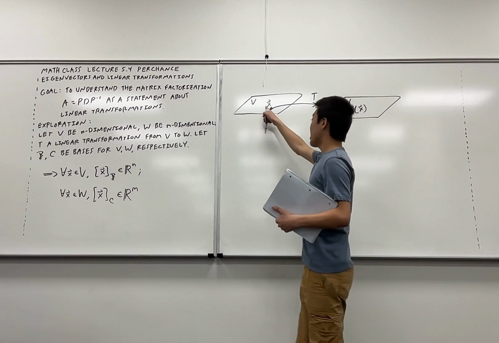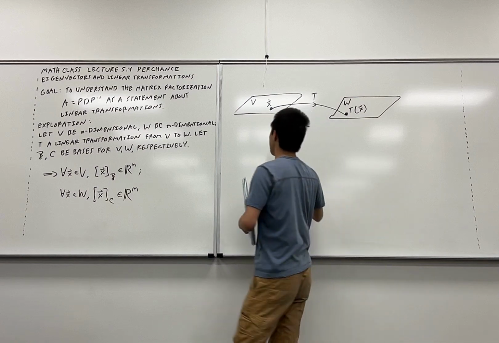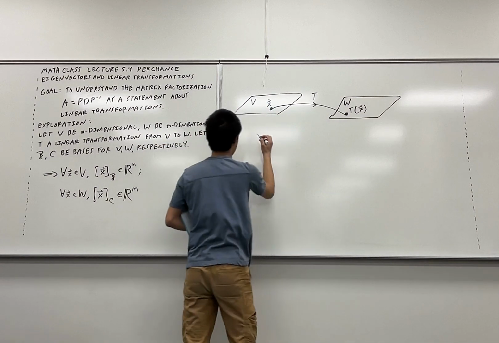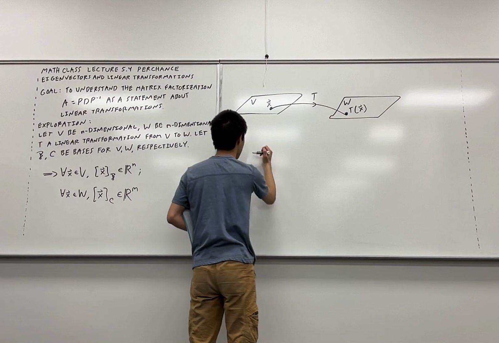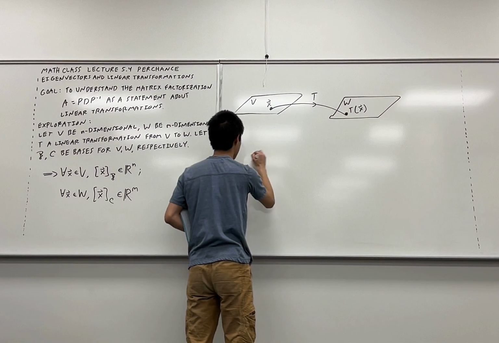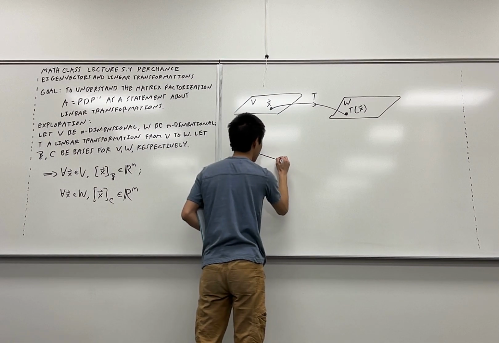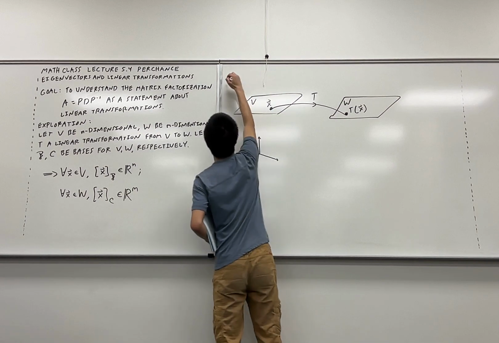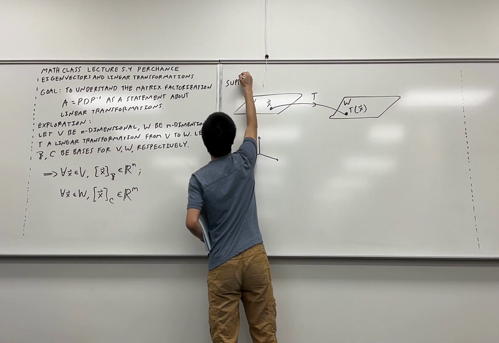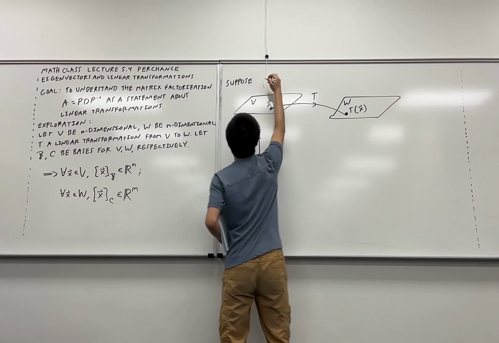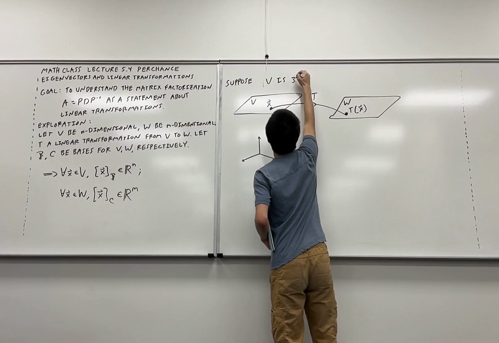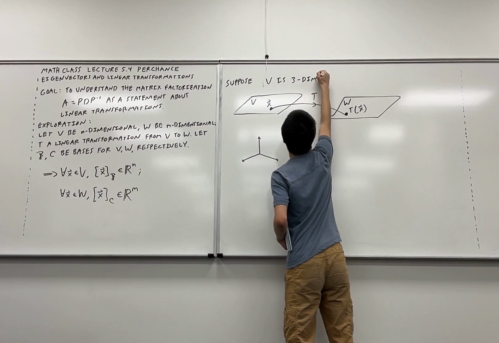And then independently, I can look at both of these in their coordinate systems. So if x is in an n-dimensional vector space, say it was 3-dimensional, suppose, for the sake of example, that V is three-dimensional.